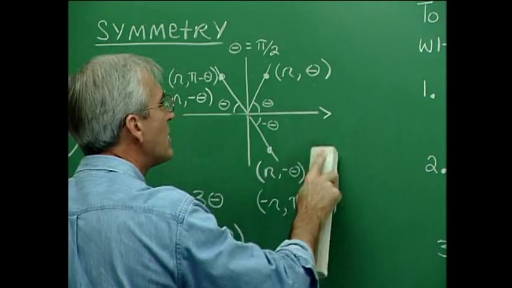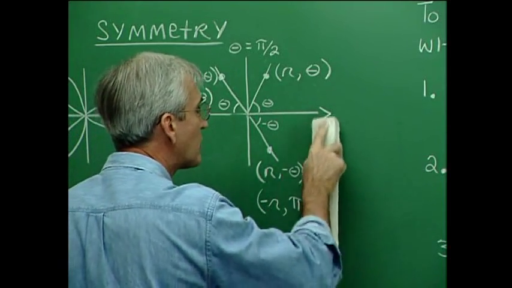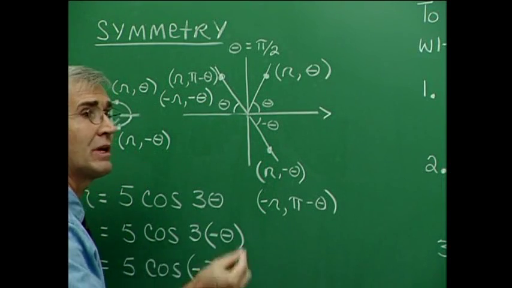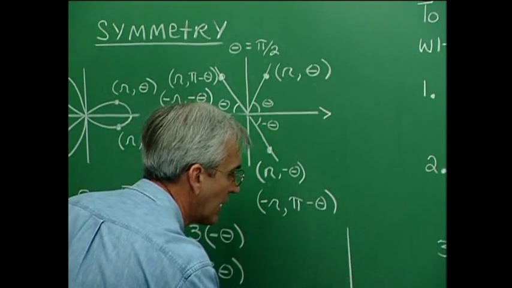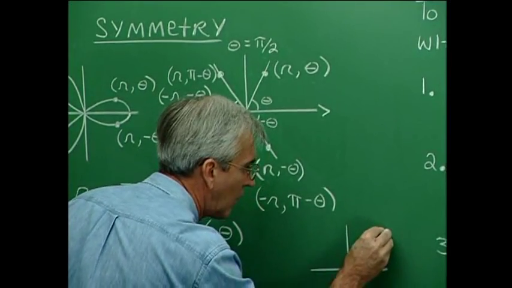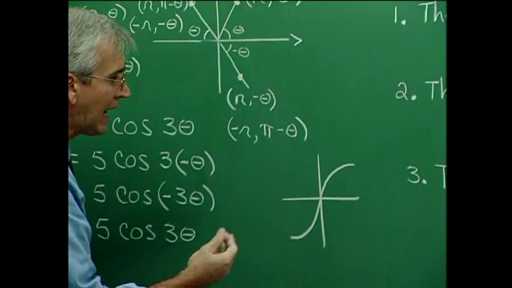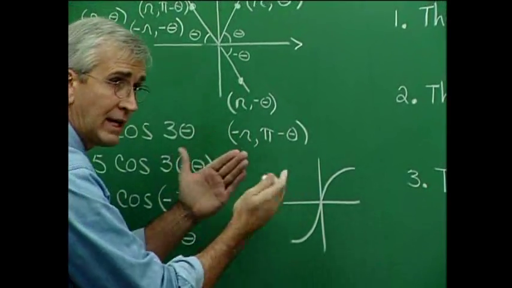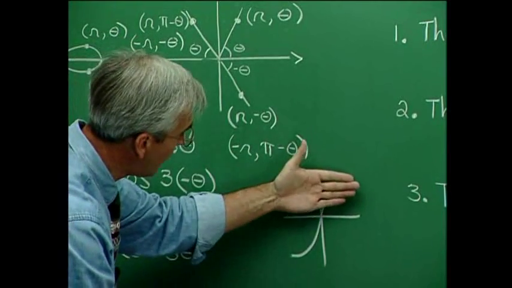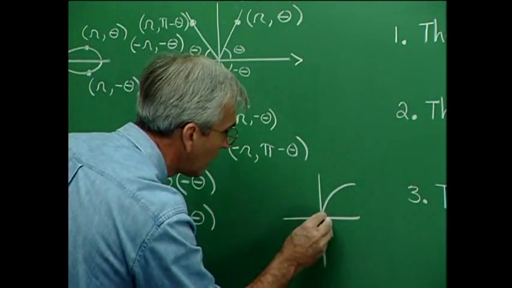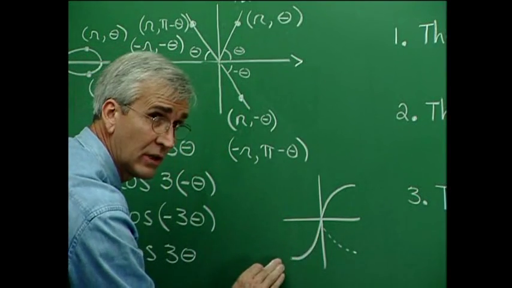The third kind of symmetry corresponds with our past experience of symmetry about the origin. Remember that kind of symmetry was kind of like this. A graph that looks something like this would have symmetry about the origin. And it's a double fold idea. If we fold the graph down this way, then it would look like this. And then if we folded this over here, it would fold onto itself.